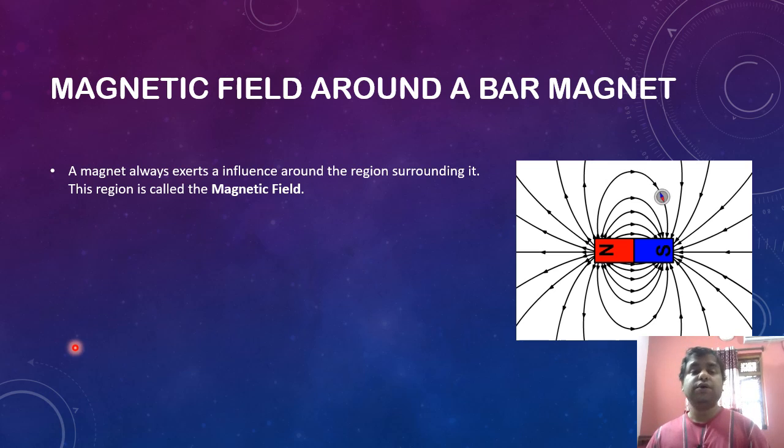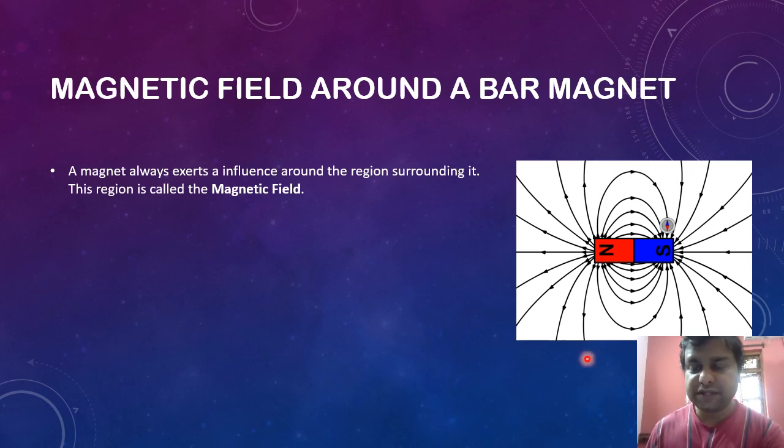So this shows you that there is a circular field, which we call the magnetic field, around the magnet. It is an area where the power of that magnet is exerted. That reduces as the radius from the center of the magnet increases. It means the field gets wider and wider.